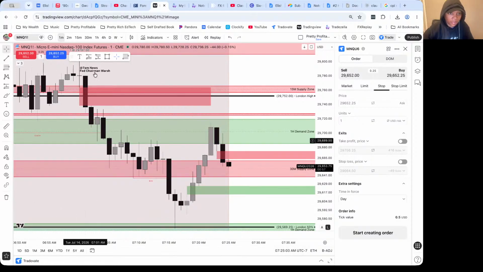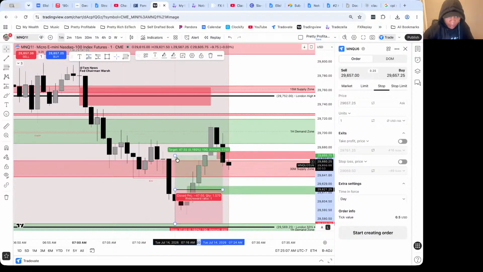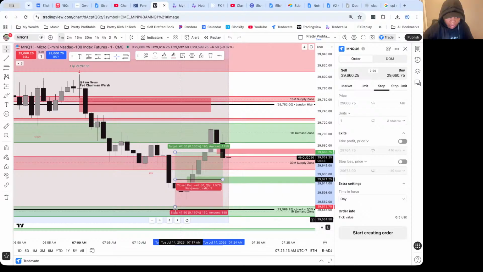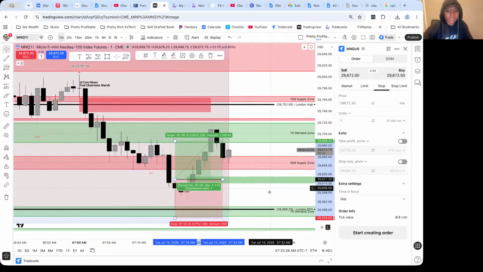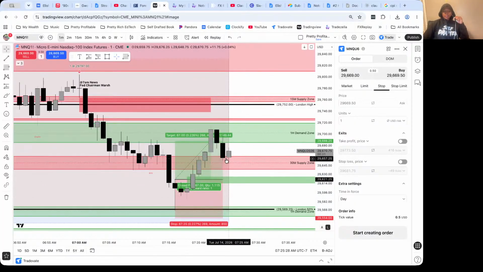Let me look, let's see what that would have been. Oh wow, definitely. If I would have made this trade, I would have put my stop loss below that demand zone. Look at that, that's more than a 1-to-1. I would have definitely hit TP right here, right on this candle.